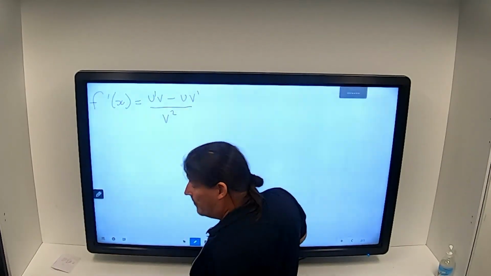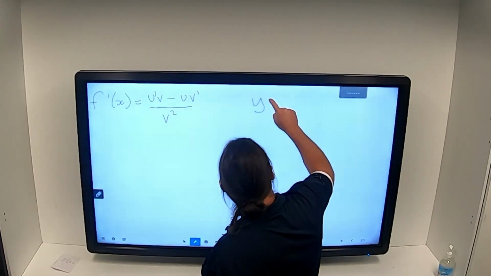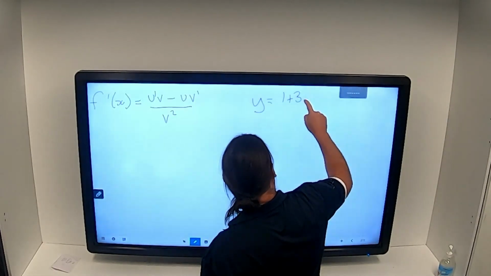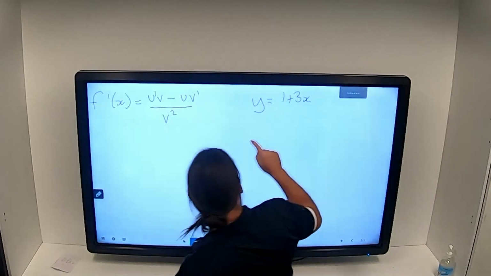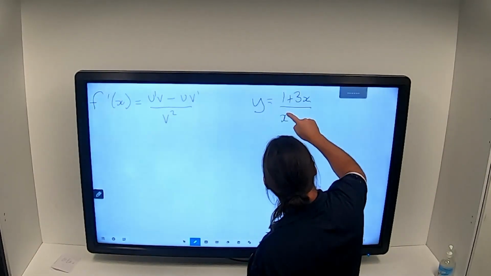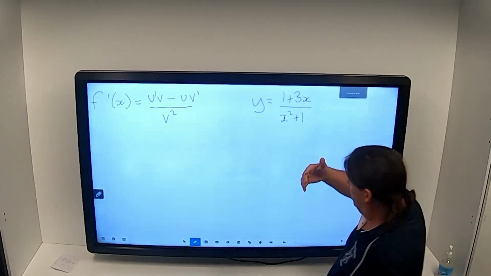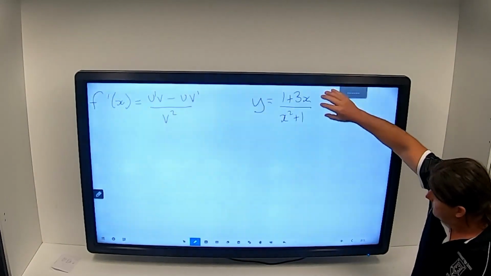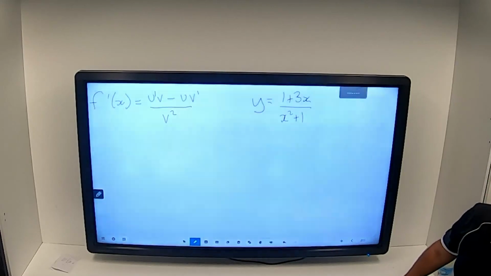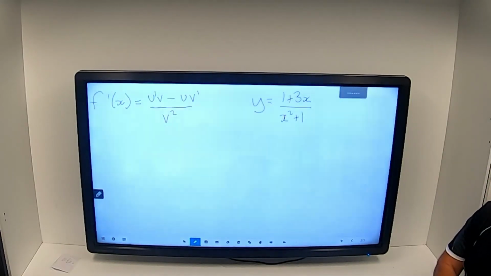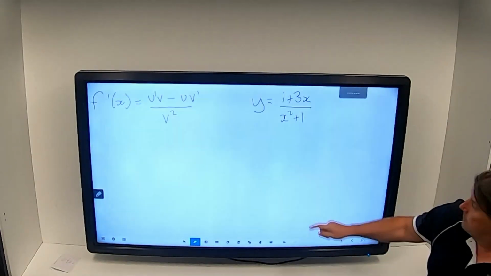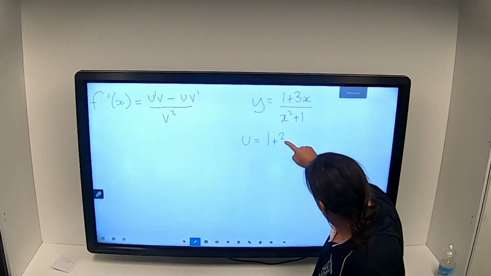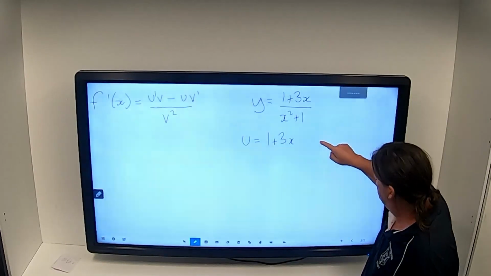So for example, if I have y equals 1 plus 3x all over x squared plus 1. So obviously the quotient rule, as the name suggests, we're talking about two terms in a fraction. Step 1 is we call the numerator u, and step 2 is we call the denominator v.